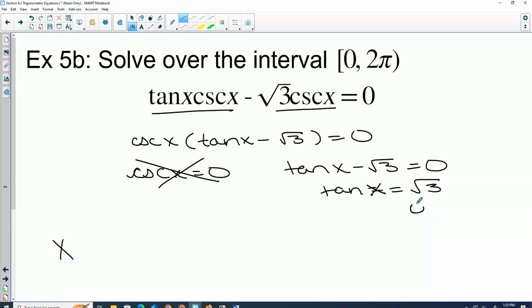So I know tangent is positive in quadrants 1 and 3. Reference angle, when is tangent the square root of 3? And since we're in radians, we'll do pi over 3. So pi over 3 in quadrant 1 is pi over 3. In quadrant 3, the top is 1 higher, 4 pi over 3.